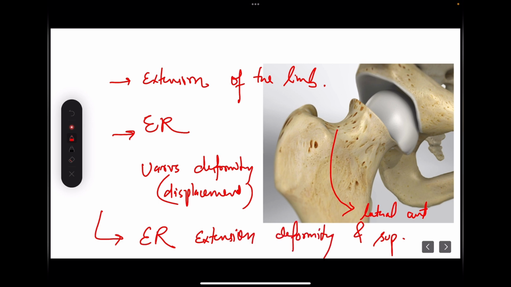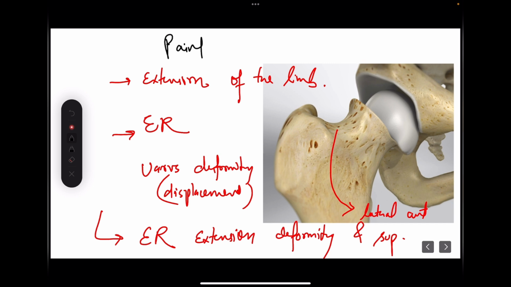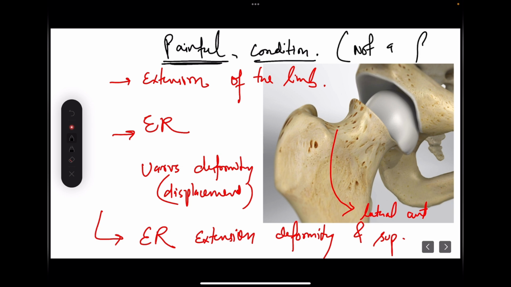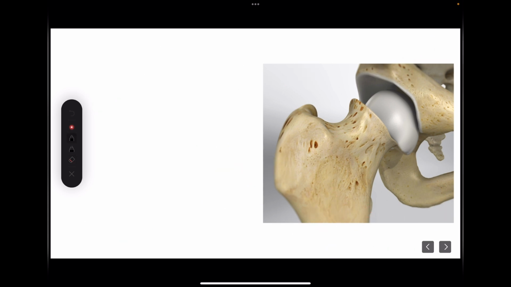Along with this, you should always keep in mind that SCFE is a painful condition. Yes, it does present like a fracture, but this is not a fracture. And why this is not a fracture, we have already discussed: what makes SCFE a different entity from a Salter type 1 fracture. So this is the presentation of the condition. Now coming to the radiological findings.